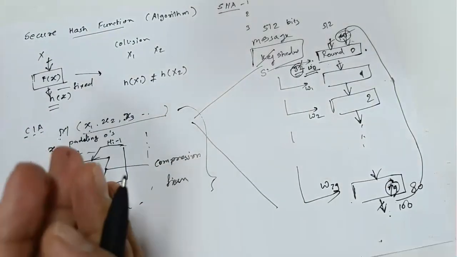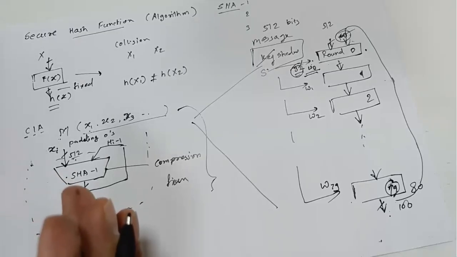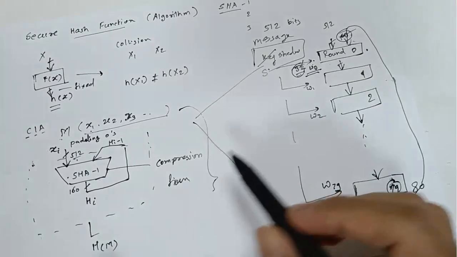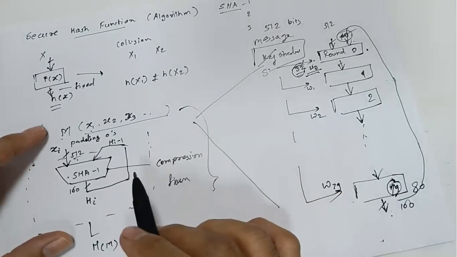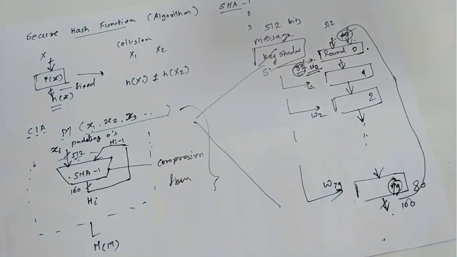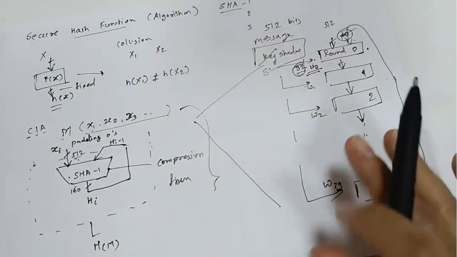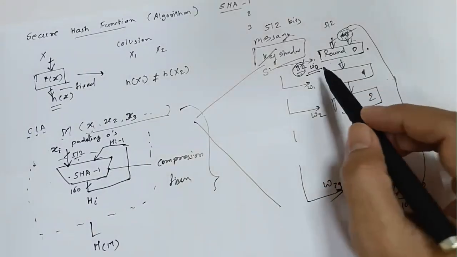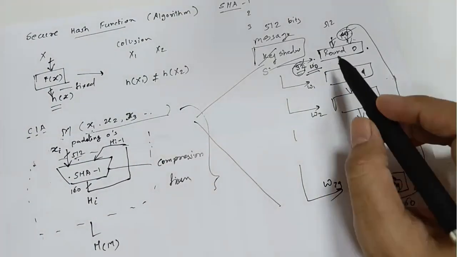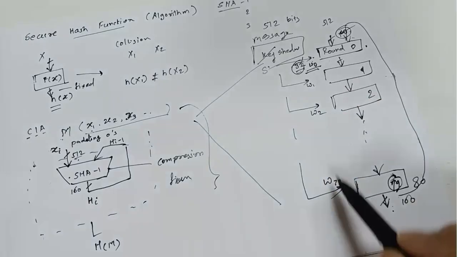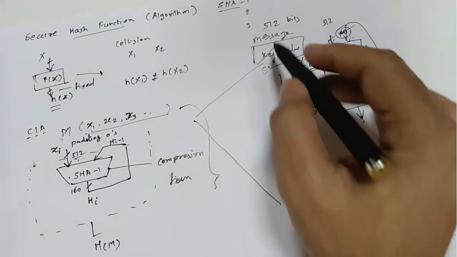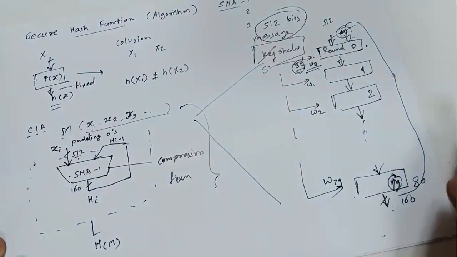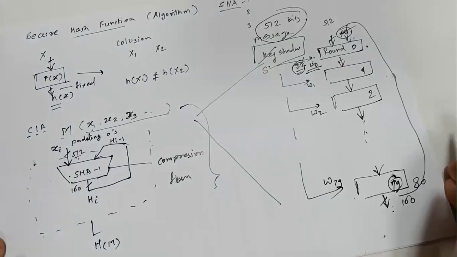What I want you to understand here is the basic idea of SHA and its basic steps. The round doesn't depend on each word. These are the 80 inputs coming from a part of the original message.